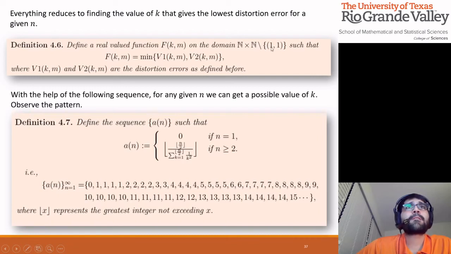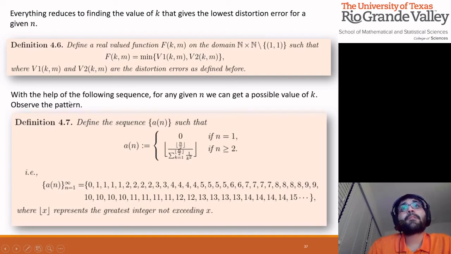And we are not going to consider the point 1, 1, such that f of k and m equals the minimum distortion error we defined before. So basically, we're going to define this function that finds the minimum distortion error of B1 or B2 that we defined earlier. B1 is when the boundary of the border region is less than 1/2. B2 is when the boundary of the border region is greater than or equal to 1/2.